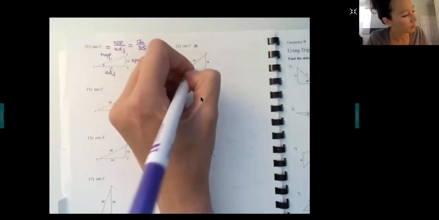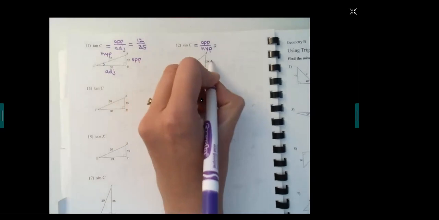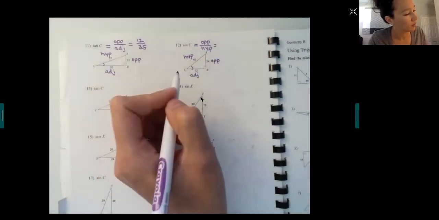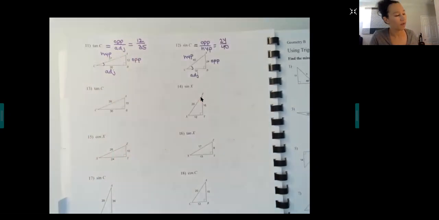Then for number 12, I did opposite over hypotenuse. Yep. The opposite was 24, the adjacent was 32, and hypotenuse was 40. Very good. Then I put 24 over 40. Very good. Okay, I think you guys have it down.